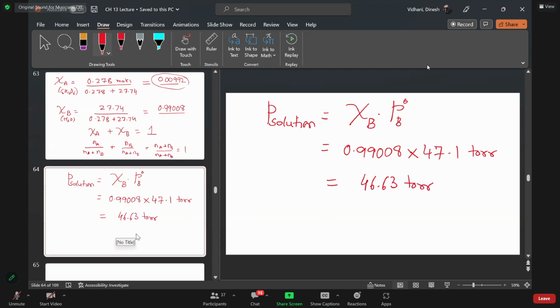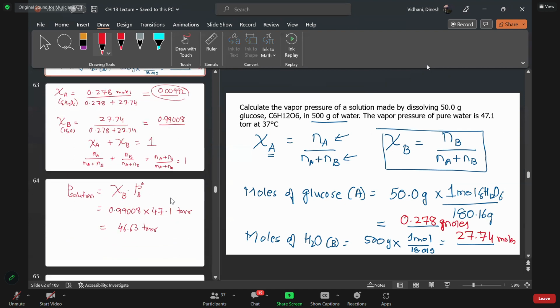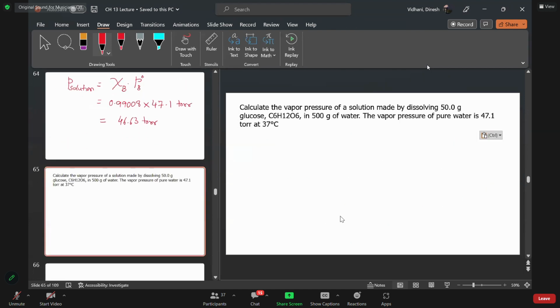Okay. Now, let's make things a little more interesting. How about instead of using glucose, I'll just copy the same problem. Instead of using glucose, how about using sodium chloride?